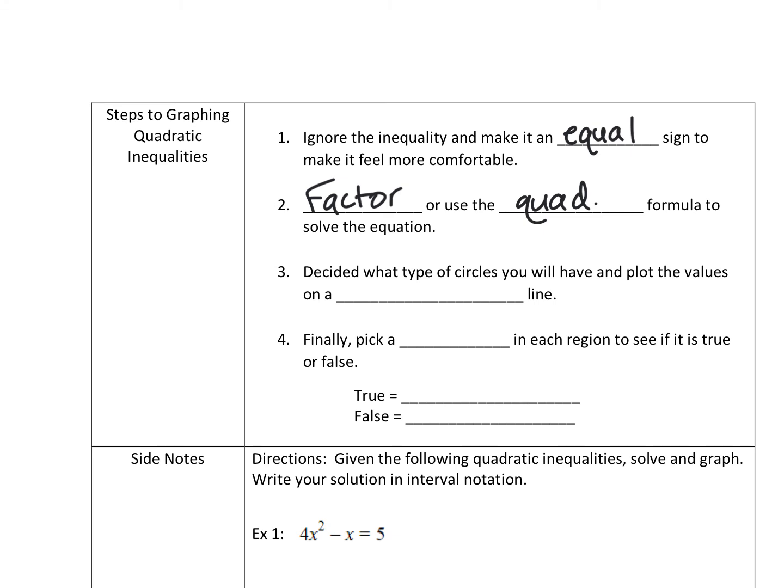We then decide what type of circles we're going to have, and we plot those values on a number line. And then we pick a point in each region to see if this is true or false. If it's true, we shade. If it's false, we do not shade. This sounds like a really complicated process, but I'm going to show you how easy this is. Everybody got this down?